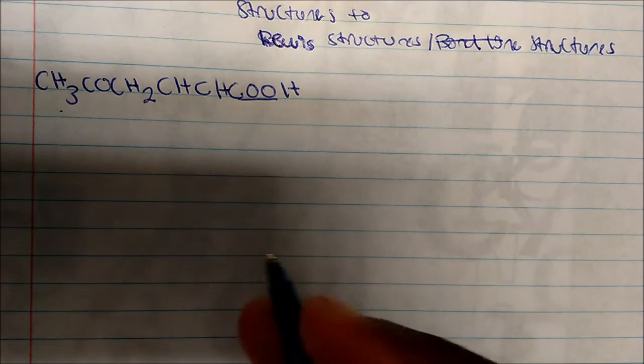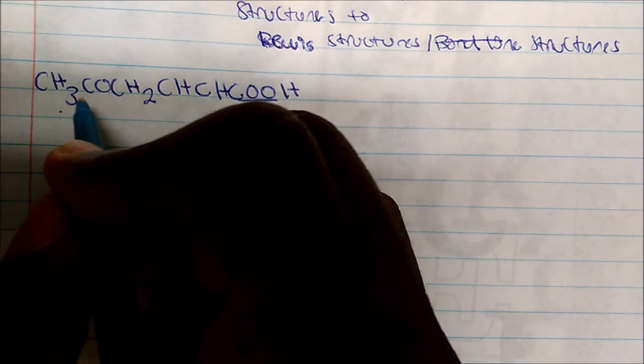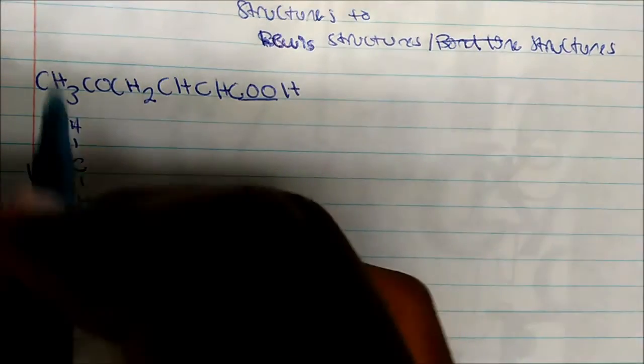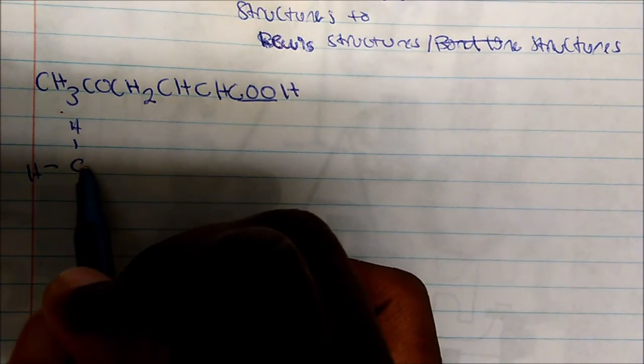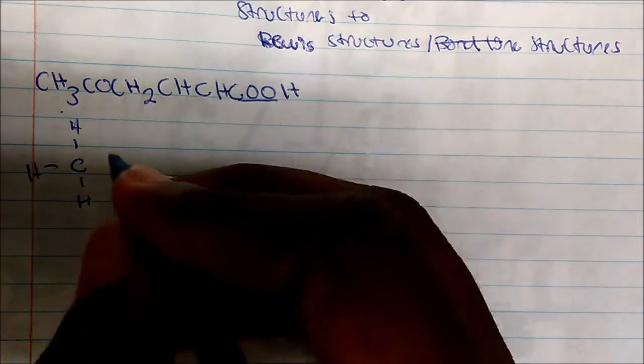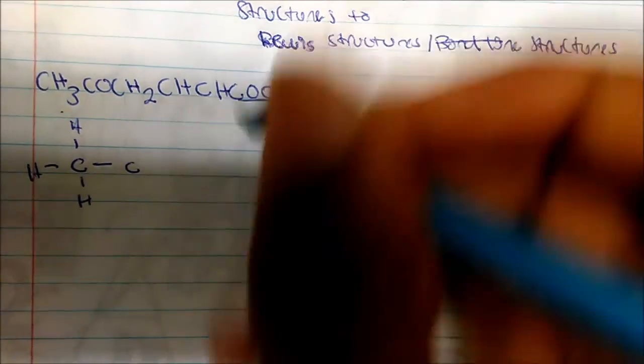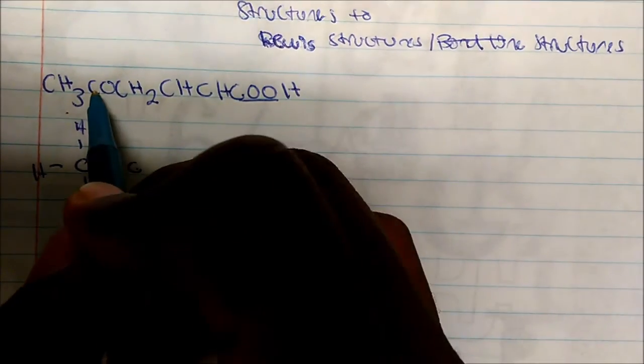So how do I approach these problems? Well, it's like reading a book. I'm going to start from right to left. I have a carbon that has 3 hydrogens around it. My carbon only needs one more bond to form the octet, so it has to be bonded to this carbon right here.